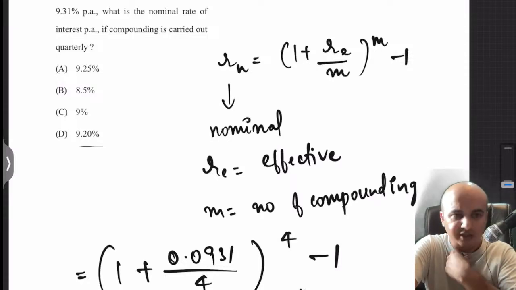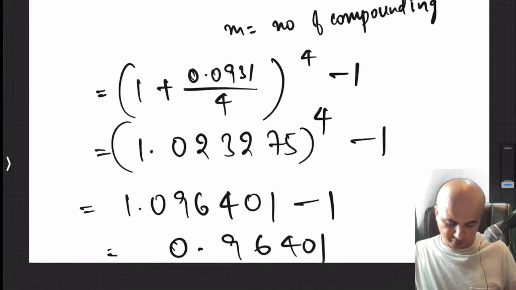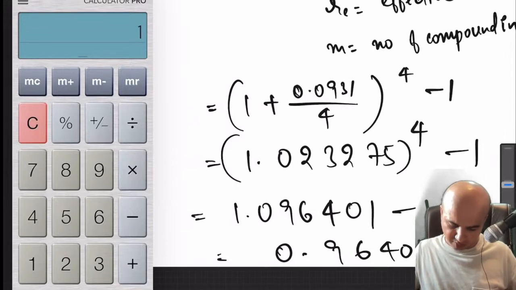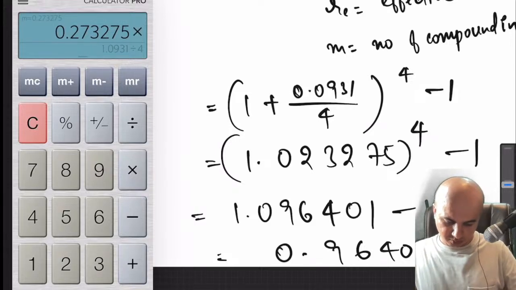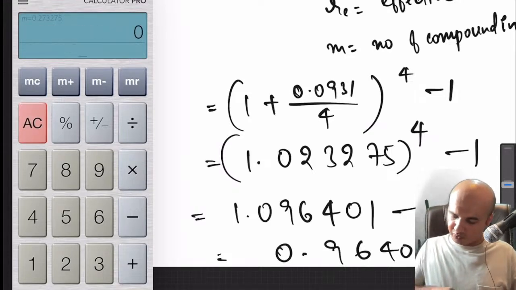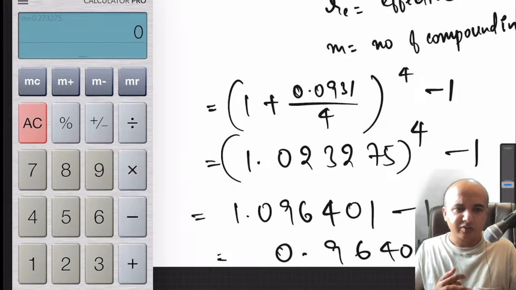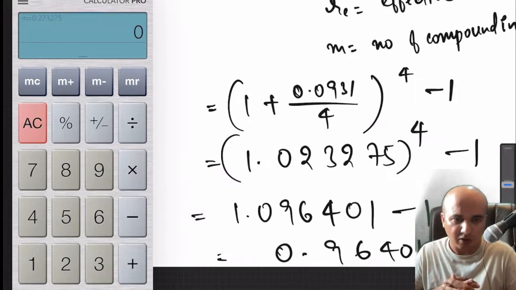Is there any calculation mistake here? Or what if I add 1 first of all and then try to do this? Let me just try this. 1.093 actually shouldn't be, no, that won't fetch us the right answer. 0.96 is what I'm getting, but I don't know why they don't have this option at all.